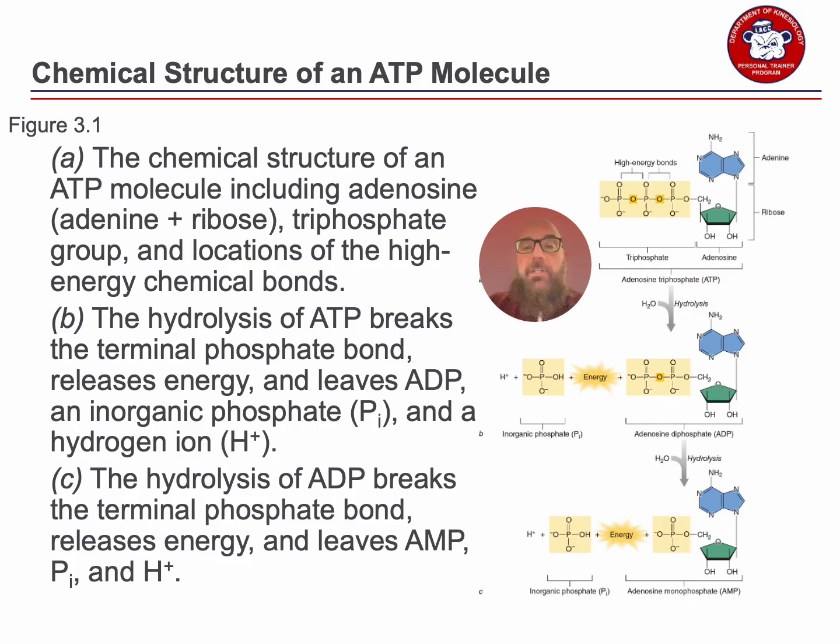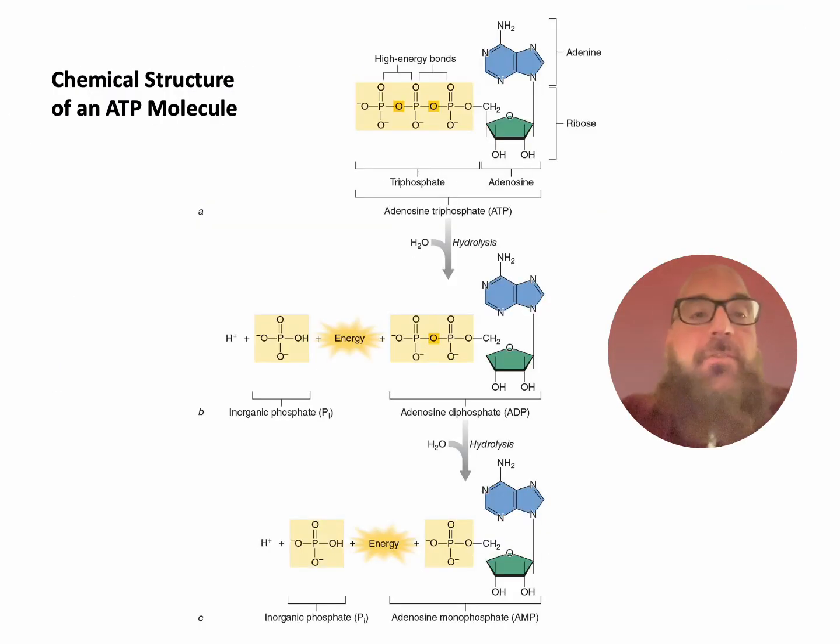Now, let's look at this a little bit bigger. You see at the very top, ATP. You see the adenine and the ribose at the top, which makes your adenosine when the ribose is combined. Then we have high energy bonds holding three phosphates together, and you can see under the yellow portion it says triphosphate. What happens is, because of energy requirements, say I need to go sprint, all of a sudden we cleave off one of the phosphates and that releases energy.